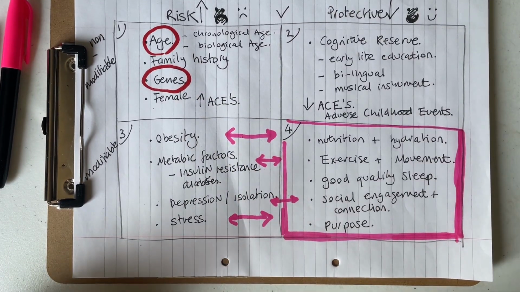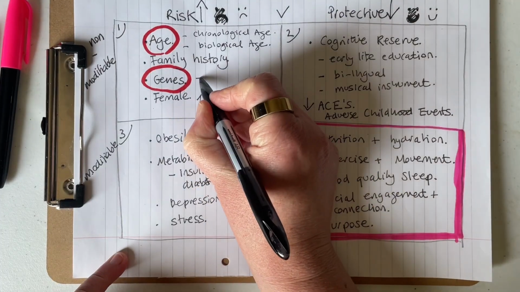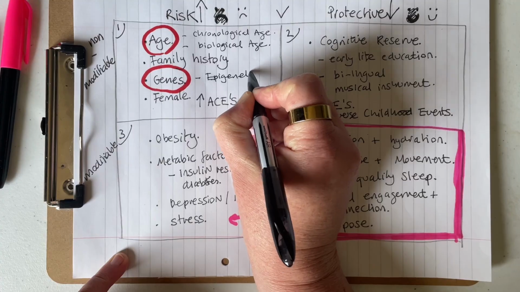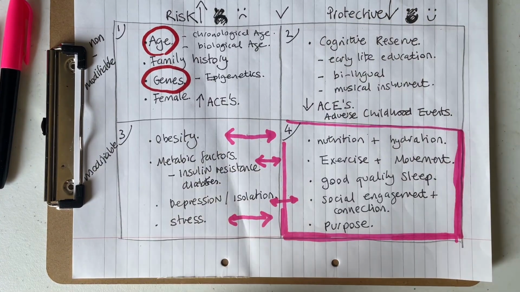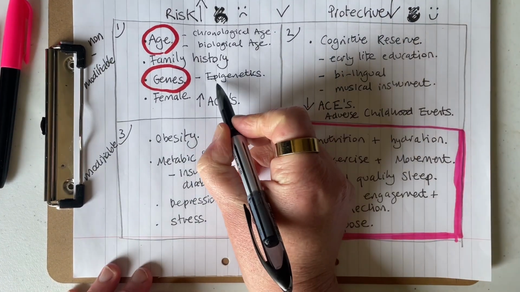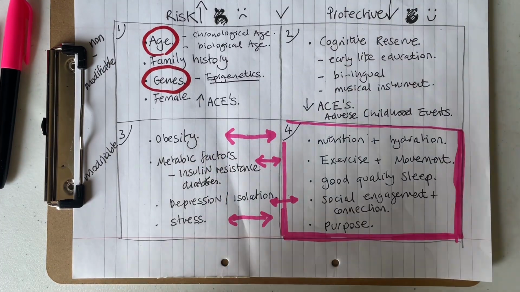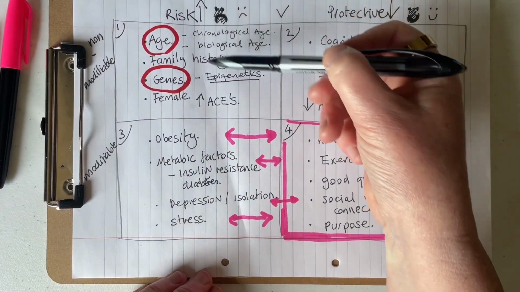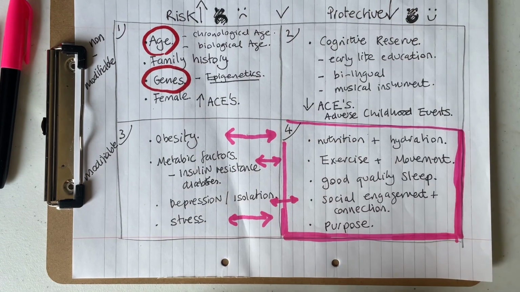And they obviously can be different. And then with genes, we have epigenetics. And this is something that I'd like to do a video on. And it just means that we're no longer at the complete mercy of our genes as we used to believe. So both these things make these two more positive as well. So I just wanted to say that.